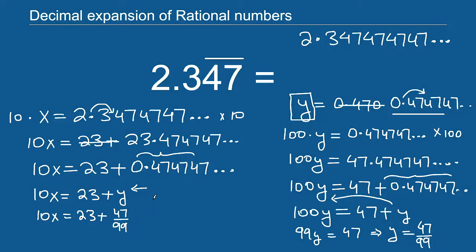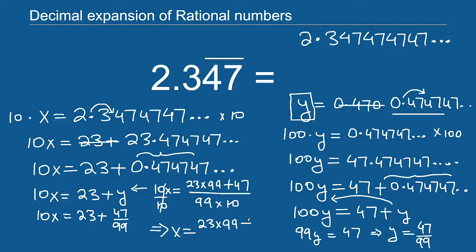Or this will be equal to, let's do it over here. So we have 10x equals, now how do we simplify this? Well, the denominator will be 99, and this will be 23 times 99 plus 47 across the entire thing. And now when we divide both sides by 10, that will get rid of it here, and we'll be left with only x. So x is equal to 23 times 99 plus 47, entire thing divided by 990.